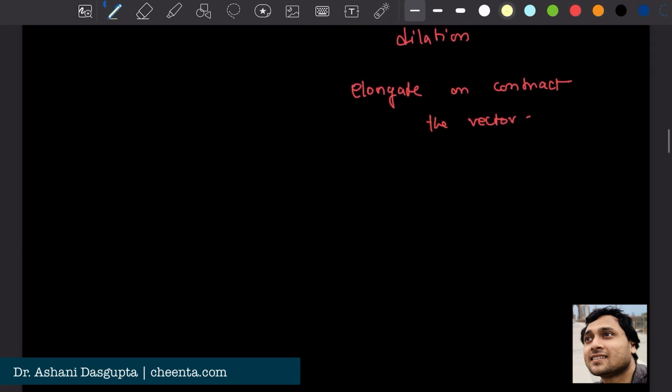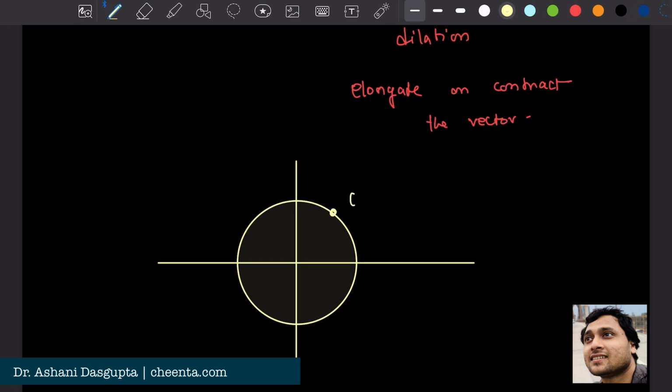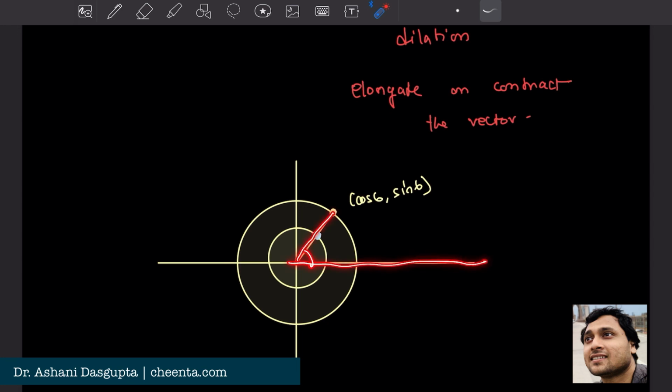Then instead of sitting on the circle with radius 1, this particular point, (cosine b, sine b), will be reduced to a circle with radius half, and it will be the same point. I mean, the inclination of this segment with the x-axis will be the same, but its length will just change to 0.5.